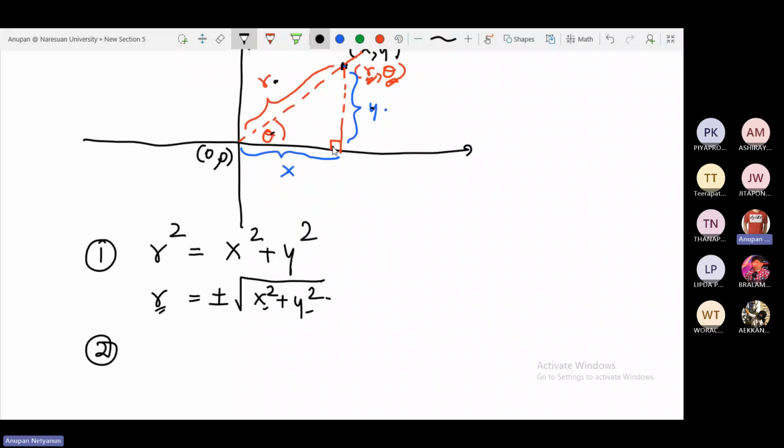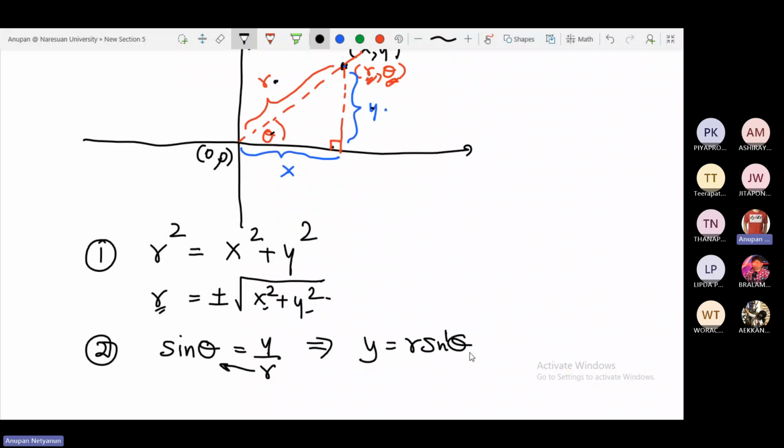Okay, that is the proportion for sine, right? So I have sine theta from this angle. It's the opposite, which is y over r. Okay, that means if I move r up here, I have y equal to r sine theta.